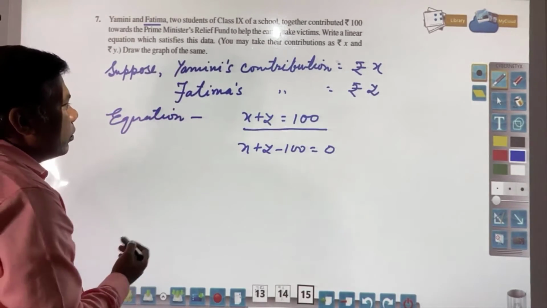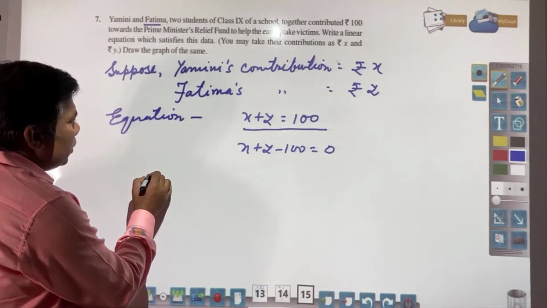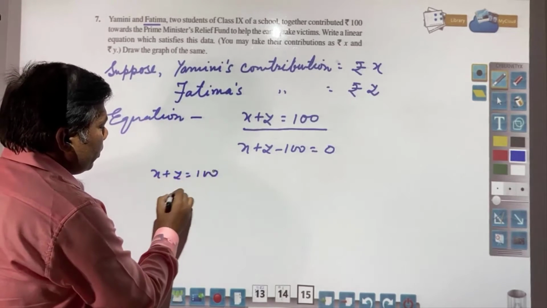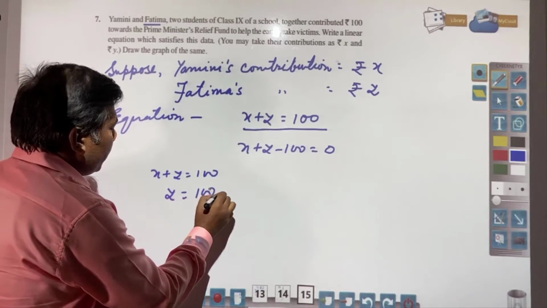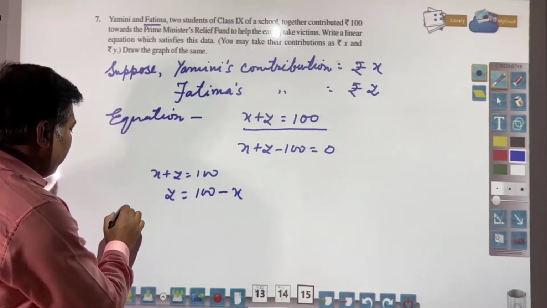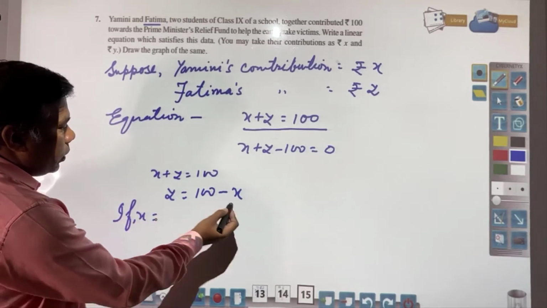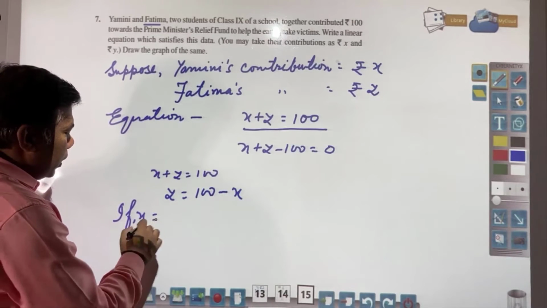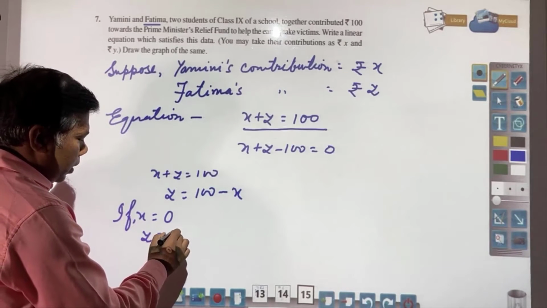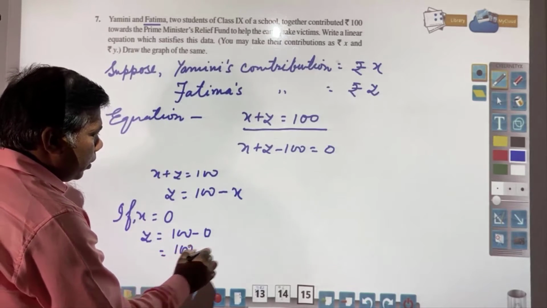So you find out first X and Y. So suppose X plus Y is equal to 100 you have. Y will be what? 100 minus X. And if X is equal to, just you see, any values can be taken. X is equal to 0, Y will be 100 minus 0, it means 100.